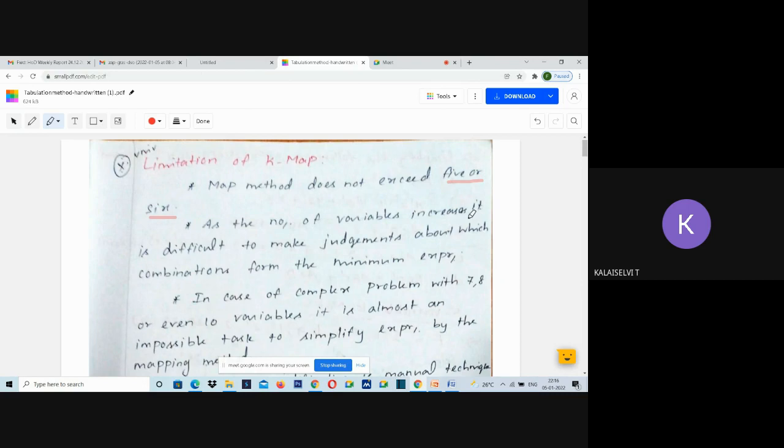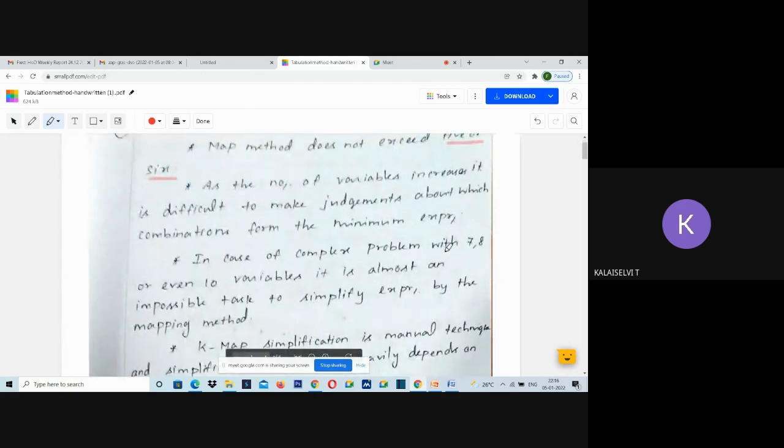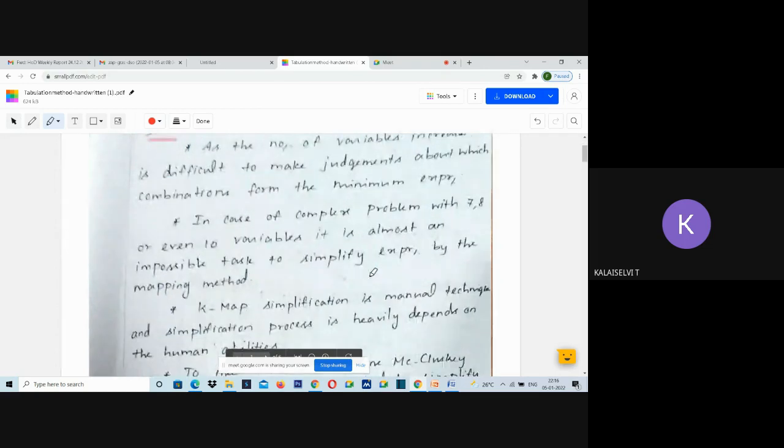As the number of variables increases, it is difficult to make judgments about which combinations form the minimum expression. In complex problems with 7, 8 or even 10 variables, it is almost an impossible task to simplify the expression by mapping methods.